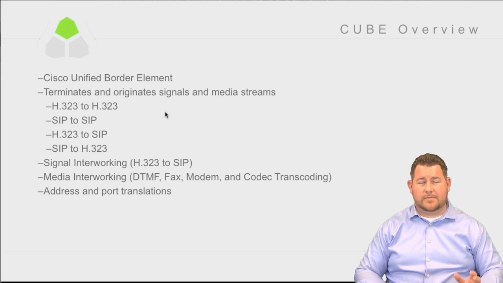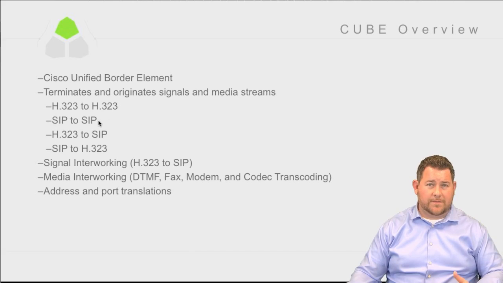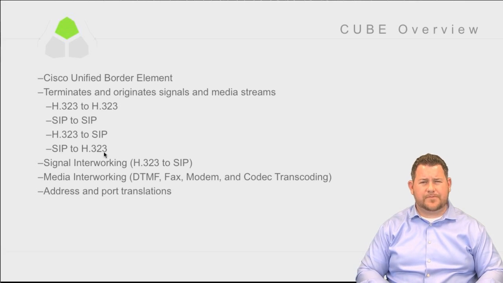So if I send a SIP communication to the Cube, it's got to be intelligent enough to know how to translate between SIP and H323 to do that. And if it's going from SIP to SIP, you have to be able to do that as well. H323 to SIP, if we've got a call coming in from there and going out through SIP, and also SIP to H323. So when you think about this, it kind of looks like those allow-connections commands that you would have to put in your global voice configuration.